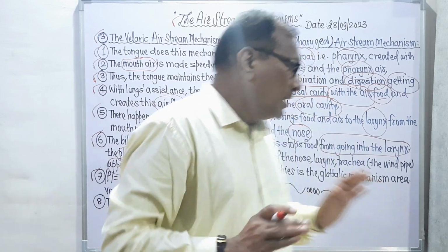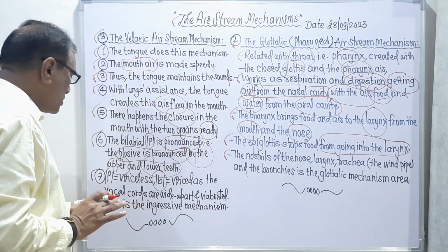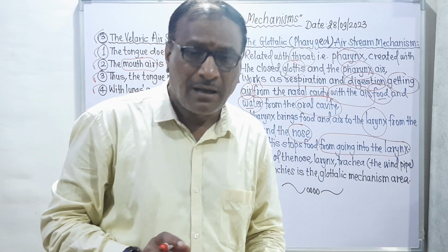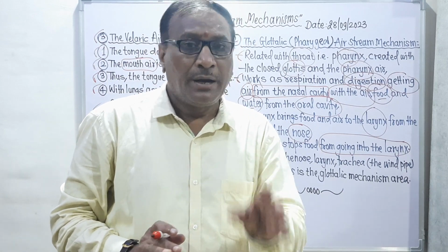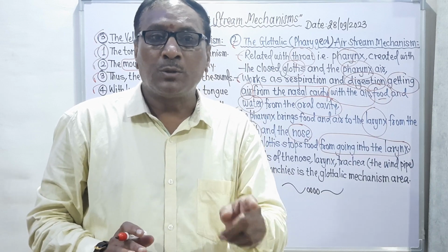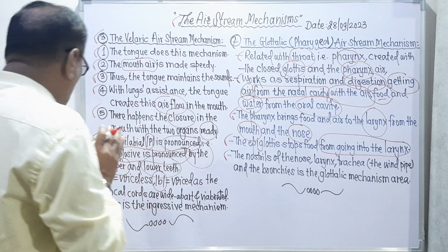So when we pronounce the voiceless sounds, the vocal cords are wide apart, and when we pronounce the voiced sounds, then the vocal cords are vibrated. That is the important point we should see.